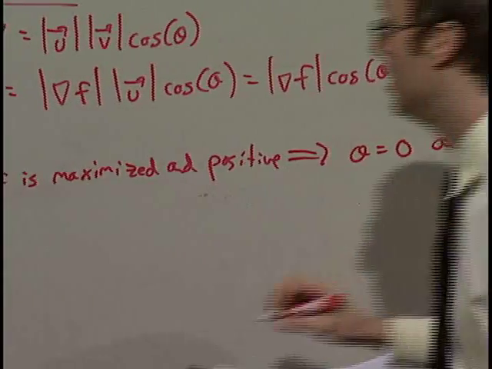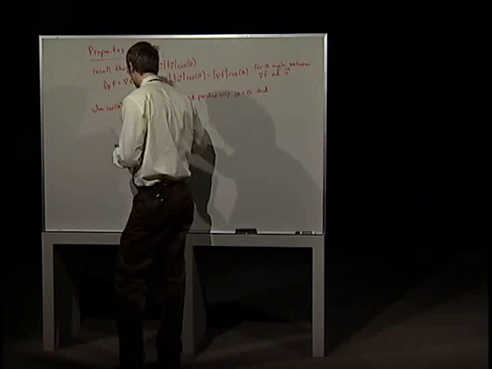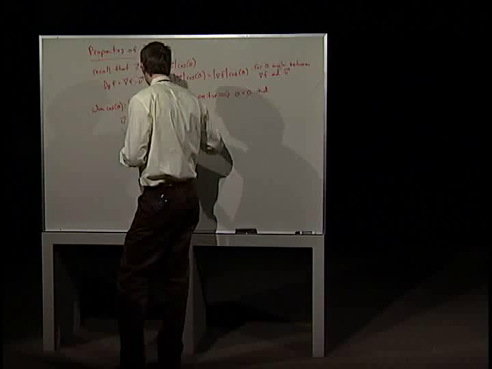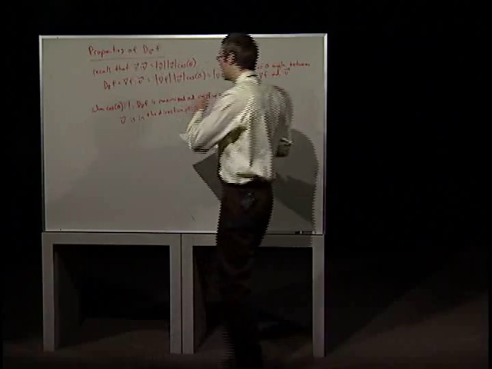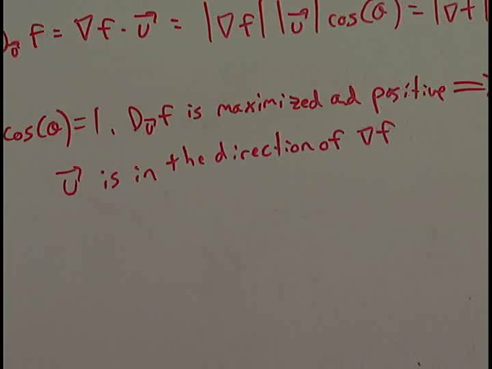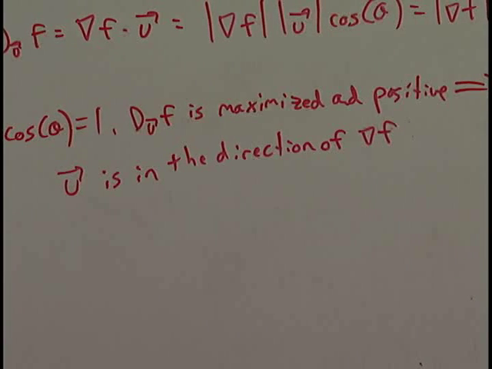and that u is in the direction of grad f. So think about it like this. If two vectors have an angle between them of 0, that means that they are lying in the same direction. There's nothing between them. There is no angle.